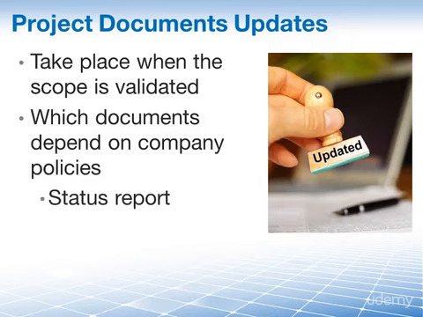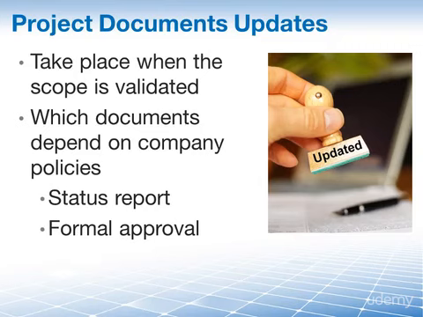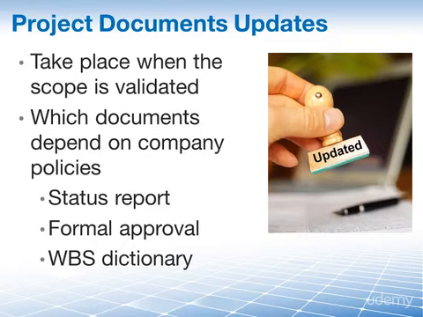You may have a requirement to send a formal validation status report. There may be formal approvals, perhaps signatures or sign-offs or a signed letter of acceptance from the customer that are required, or your WBS dictionary may have to be updated to reflect acceptance or non-acceptance by the customer for each of your work packages.